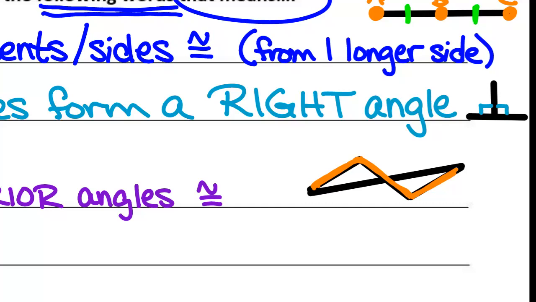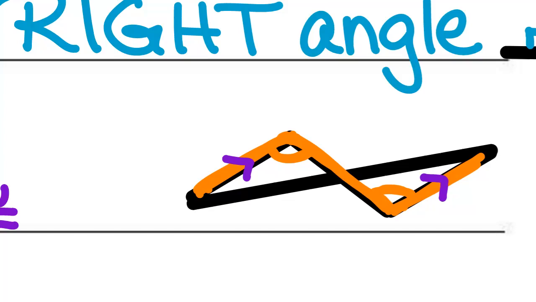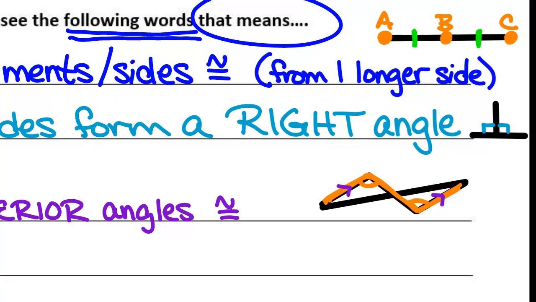See what I've traced over in orange, how it kind of makes a Z shape? My alternate interior angles are going to be tucked into those corners. They're on opposite sides of the transversal. This one's below the transversal, this one's above it. And they each touch a different parallel line.